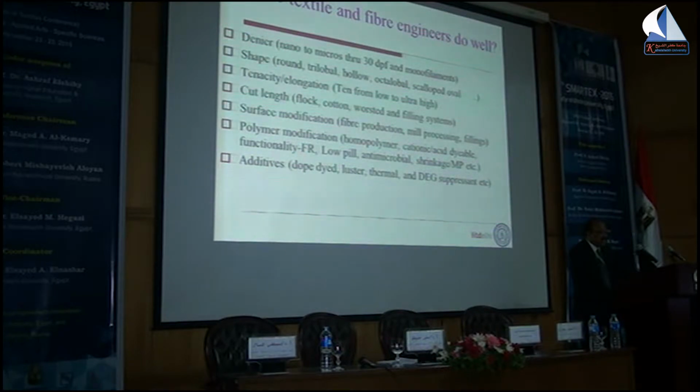So what exactly can the textile or fiber engineer do well? A fiber engineer can do many things. They can produce a fiber of any denier, any cross-sectional shape, any extensibility or mechanical properties, any length, any dimension, and of course even at the polymer stage one can develop many fibers, like homopolymer, taking cationic dyeable polymers, and also one can give some additives to have certain properties.